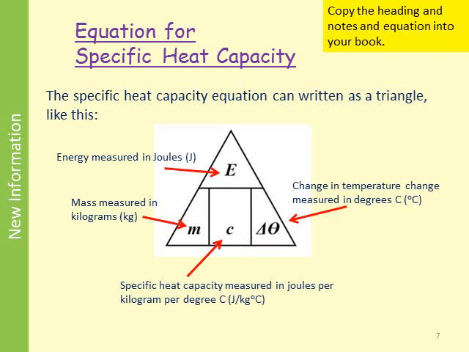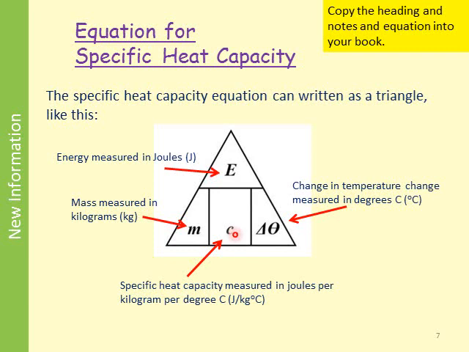So for example, if you want to find mass, cover up mass, and then you need to divide energy by the answer to the multiplication of specific heat capacity by the temperature change.